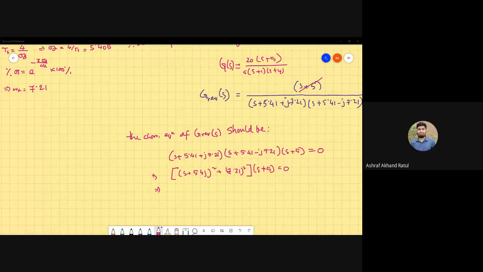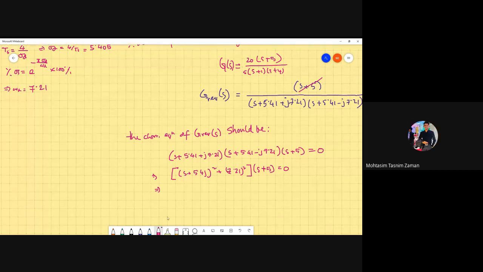Sir, minus 5. Which one? You won't get the value of S, you'll get an equation. I need that equation. Yes, S cubed plus 113 S squared.